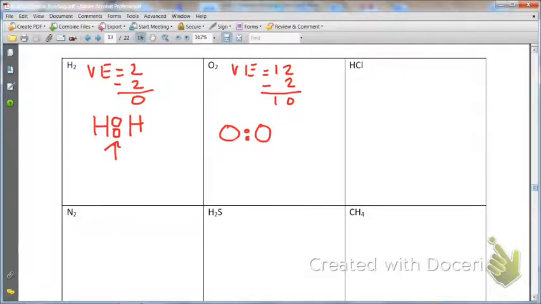Look closely at step 5A. It says start distributing these electrons from the outside atoms and then work your way inward. Well, in this case, we don't really have a solid central atom. They're both outward, so we're just going to start distributing electrons on each one of these. So 1, 2, 3, 4, 5, 6. So I've used up 6 out of the 10 remaining.